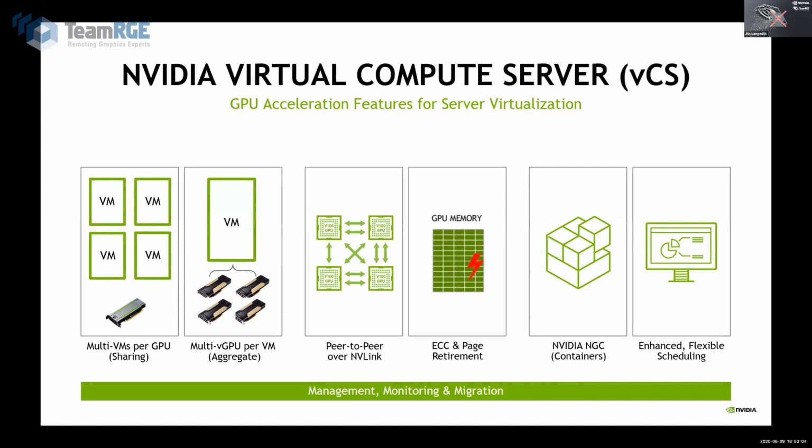So it's the other way around, but especially for compute use cases, very useful. We offer support for peer-to-peer over NVLink technology, so you can also physically connect two GPUs to each other and assign it to one virtual machine.